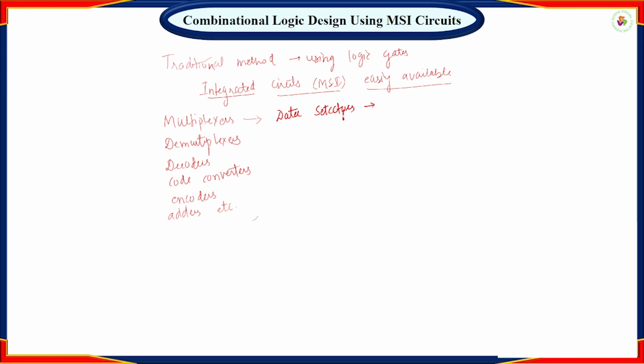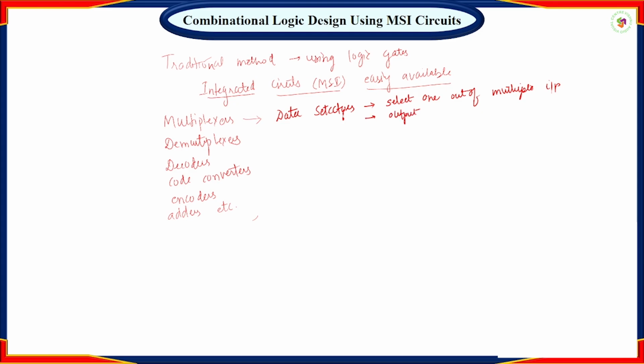The multiplexer or data selector is a logic circuit which selects one out of multiple inputs and generates the output.